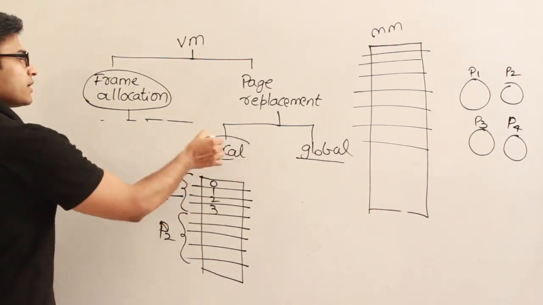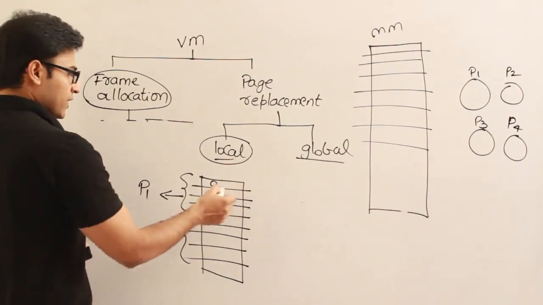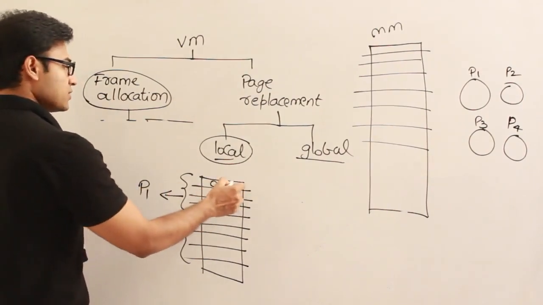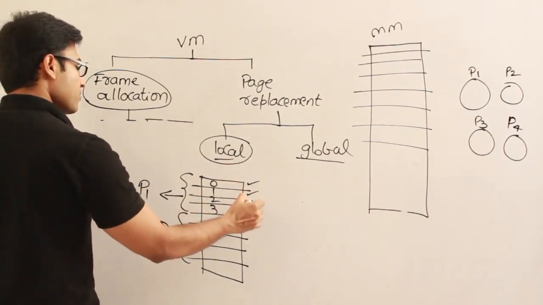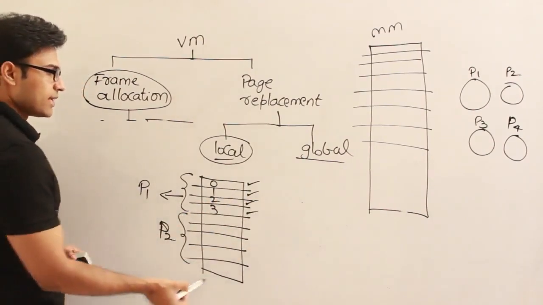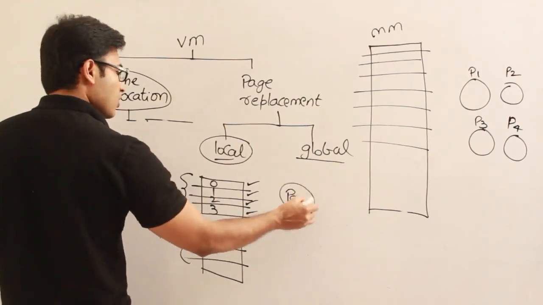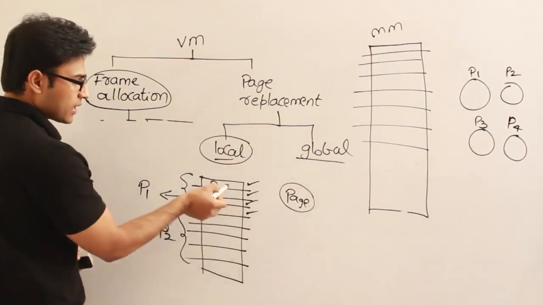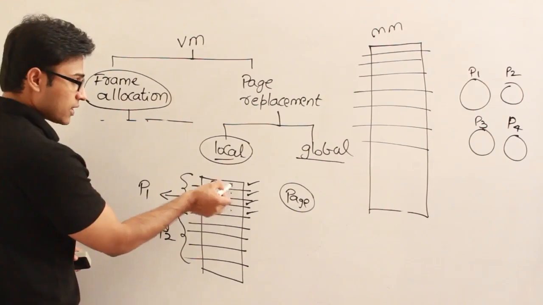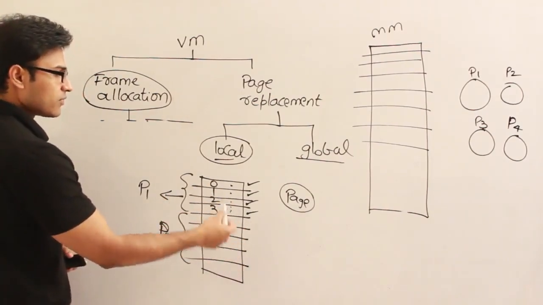So what the local algorithms do is, let us say process P1 is using frame 1, frame 2, frame 3, frame 4, and all of them are currently in use, and now it wants to load a new page. Local algorithms will only replace the pages allocated to that process, which means they will not look for any other frames for the replacement.